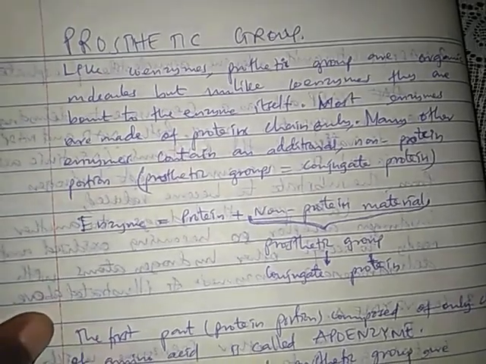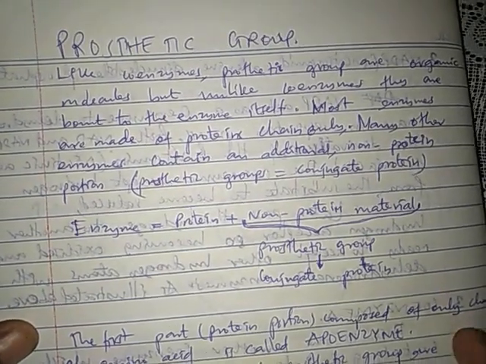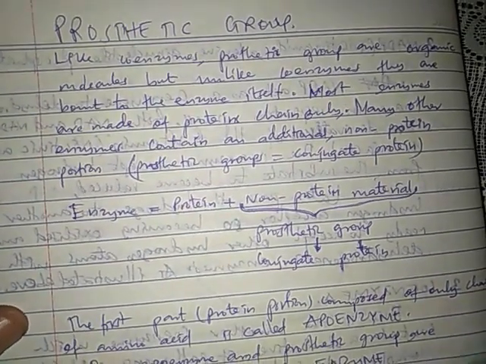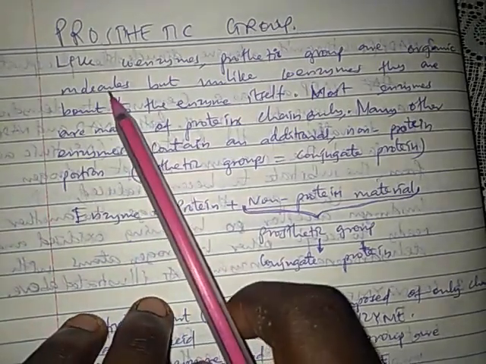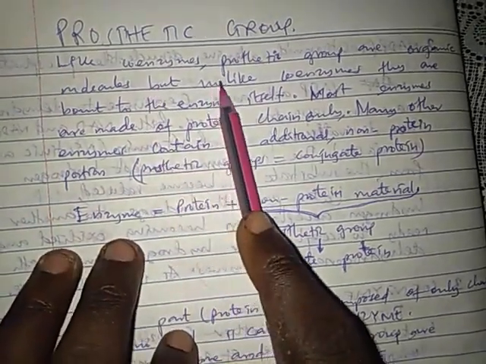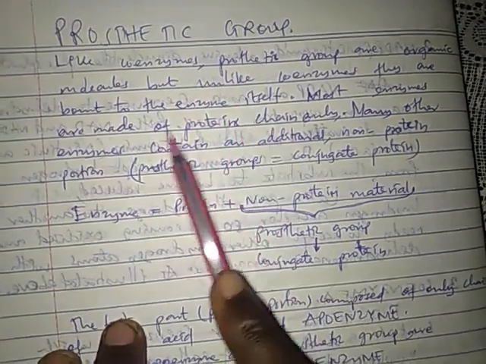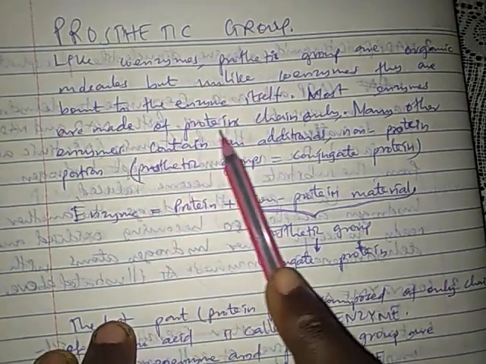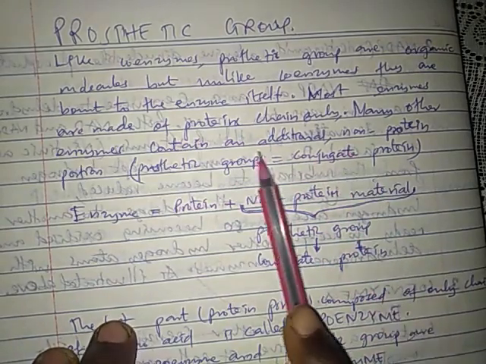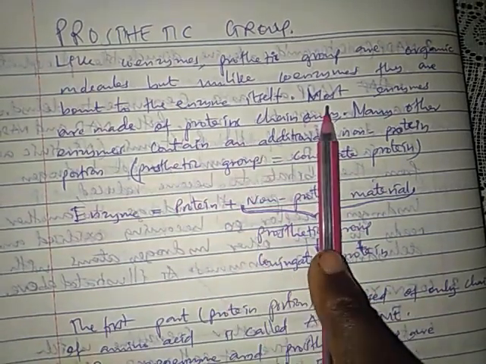Na kwenye kipande hichi, group ya mwisho ya cofactor ni prosthetic groups. Now tunachokisema ni kwamba like coenzyme, prosthetic groups are organic molecule, but unlike coenzymes, they are bound to the enzyme itself. Most enzymes are made up of protein chains only.